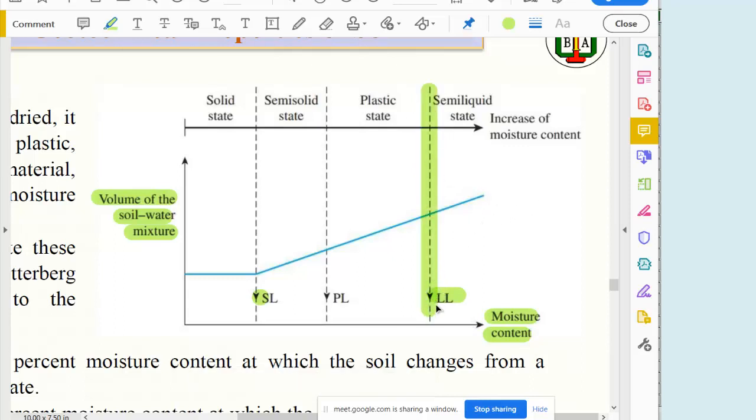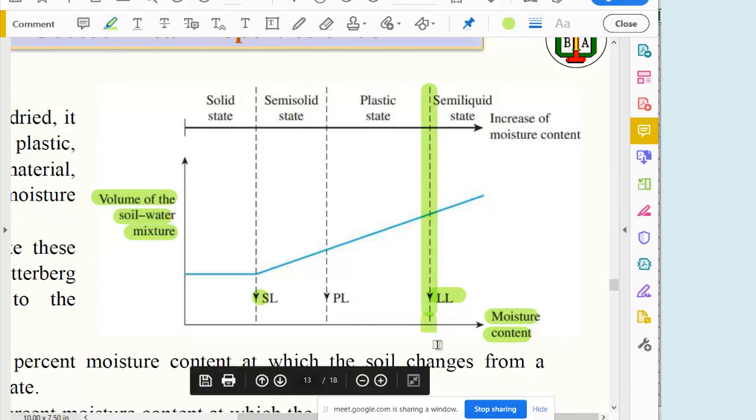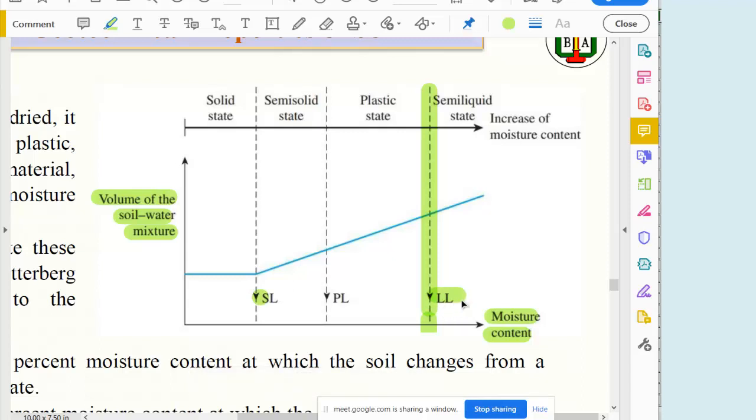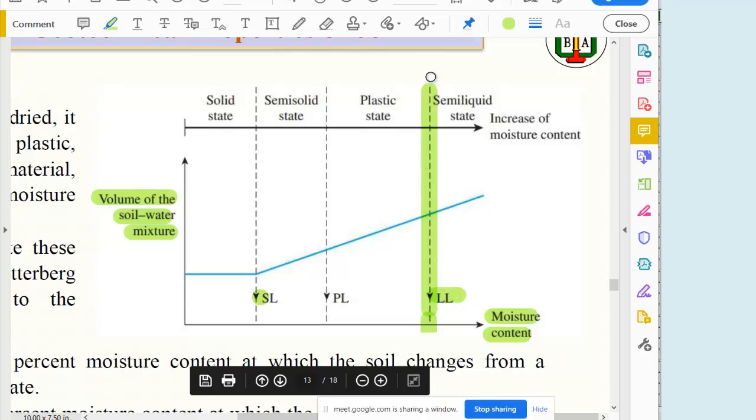After this limit of water, if you add a little bit more water to the soil, it will go to which limit? Liquid. It will move to the liquid, so it can be classified as a semi-liquid or liquid state based on the water content, and it moves to the liquid limit.